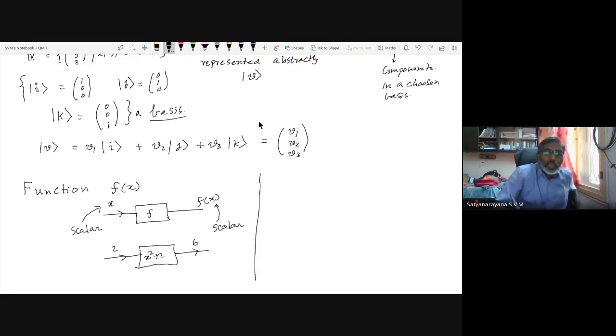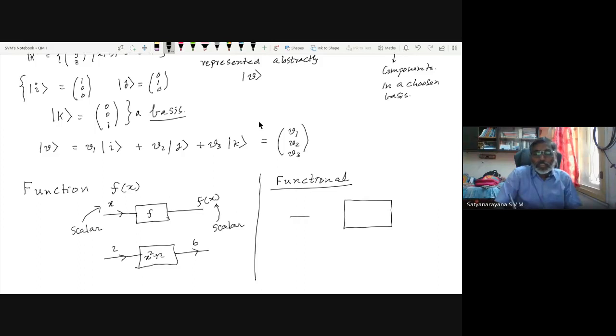Now we will define something called a functional. What goes inside this functional is a vector.